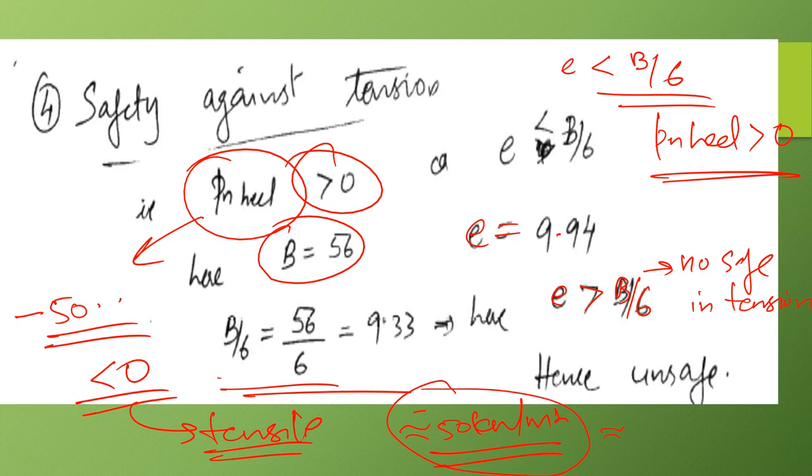Then we found the direct stress, principal stress, shear stress, eccentricity, and also the factor of safety in overturning, then sliding, then safety in compression and tension. So that's it. We have completed the whole problem. So thank you.